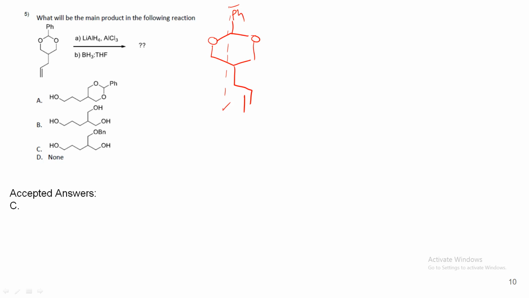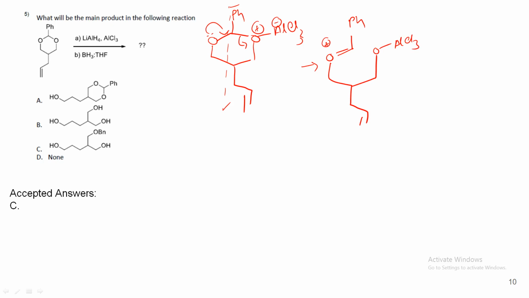So AlCl3 would be reacting with this. So this thing would be forming. Then the same deprotection chemistry of ketals. So we have generated this kind of thing, OAlCl3. Now LiAlH4 is a source of hydride.